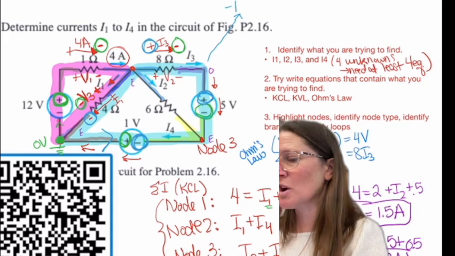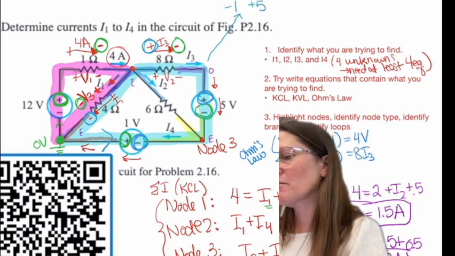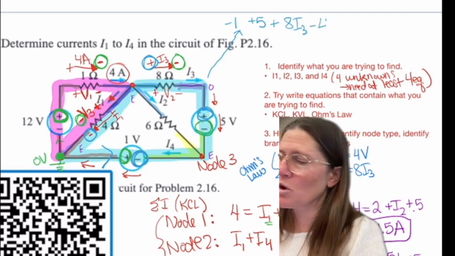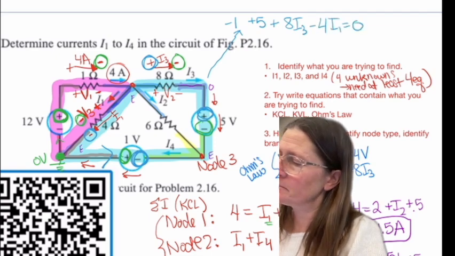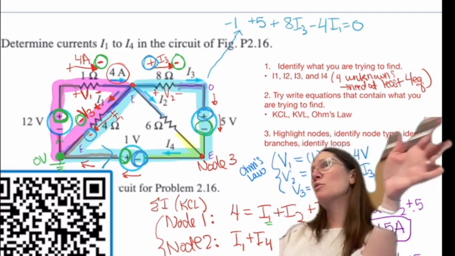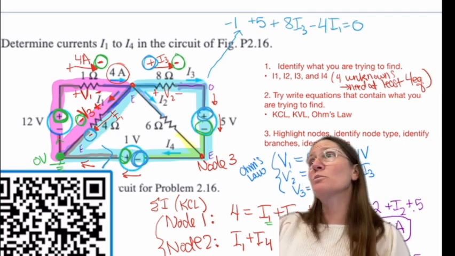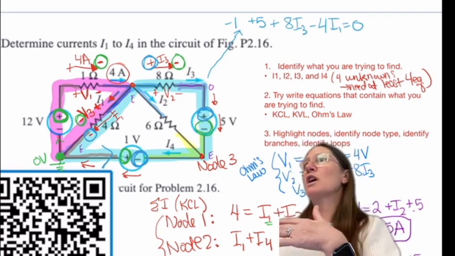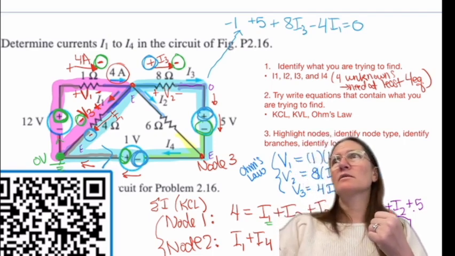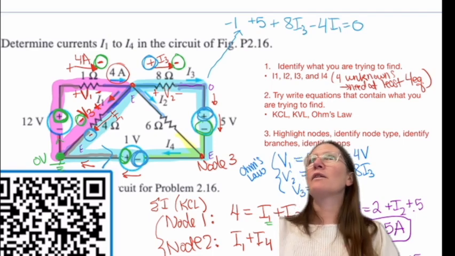So a -1, plus 5, plus 8I3, minus 4I1. So it depends on which way I choose to go around the loops, whether you view that as an increase or decrease. Does that help? Okay, another question.